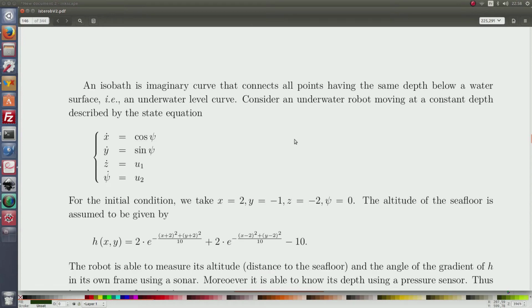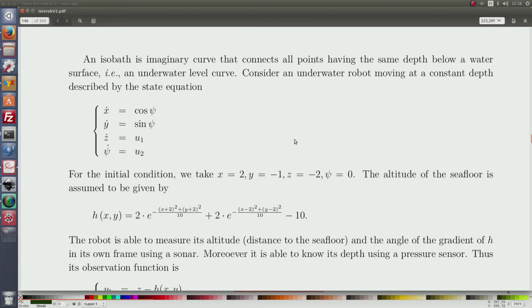Isobath. In this exercise, we have a robot described by the following state equation, where x, y, and z correspond to the position, and psi corresponds to the heading angle. We know the initial condition given here, and we also know the seafloor, which is described here by this equation.